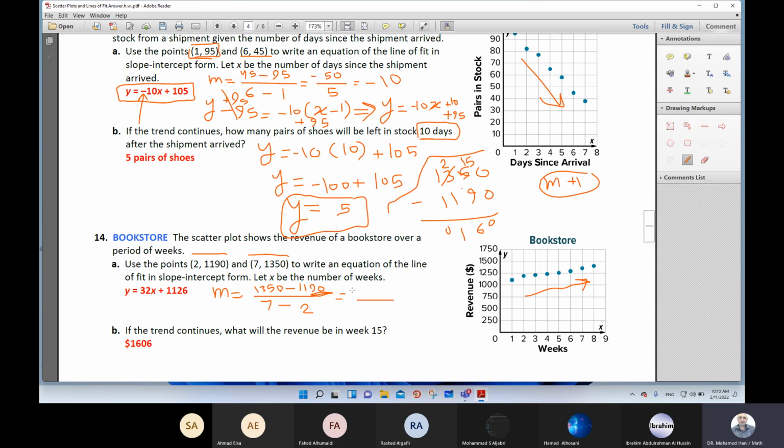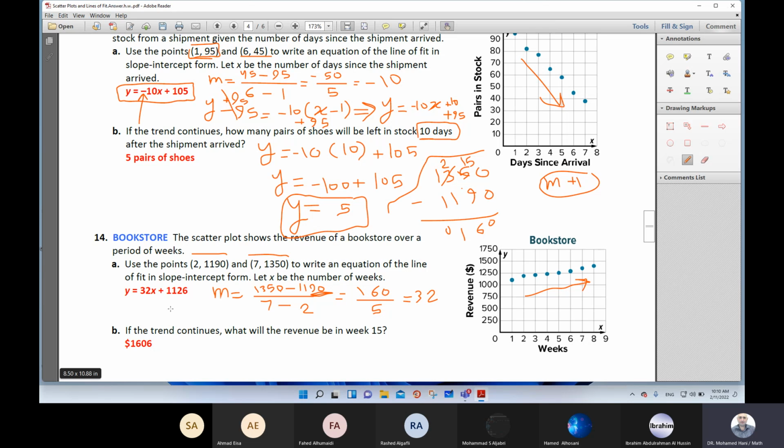So the answer will be negative or positive? The big number is positive, so the sign is positive. So 160. Then 7 minus 2 will be 5. And 160 divided by 5 will be 32. So as you see, the slope will be positive because here we have positive.